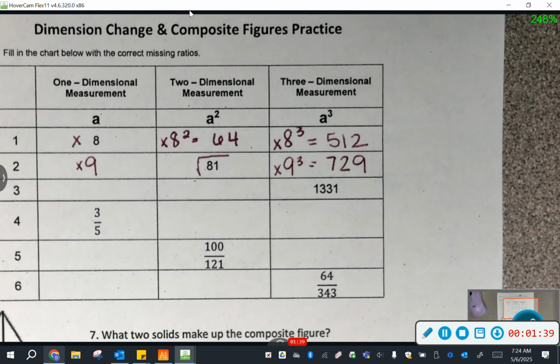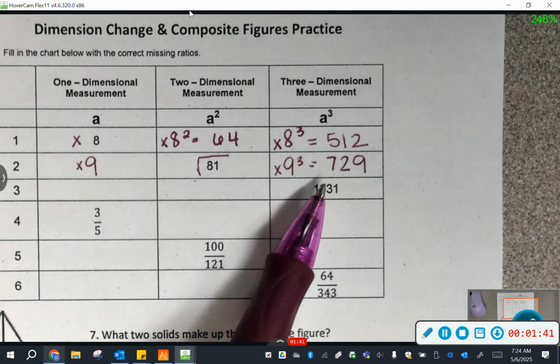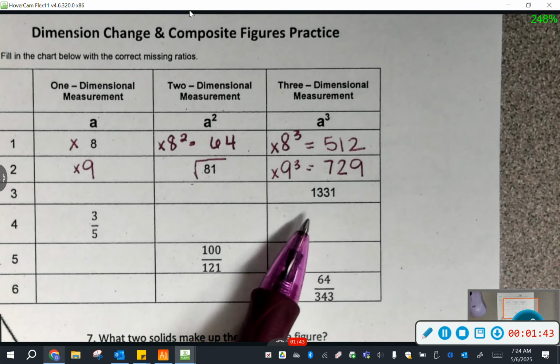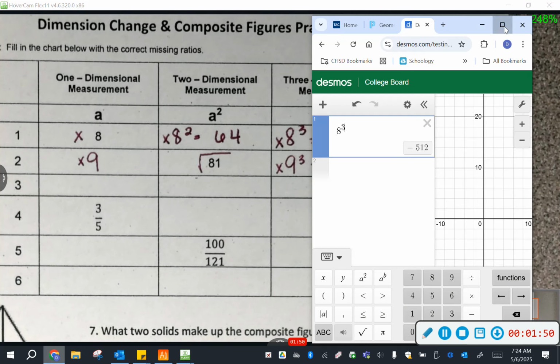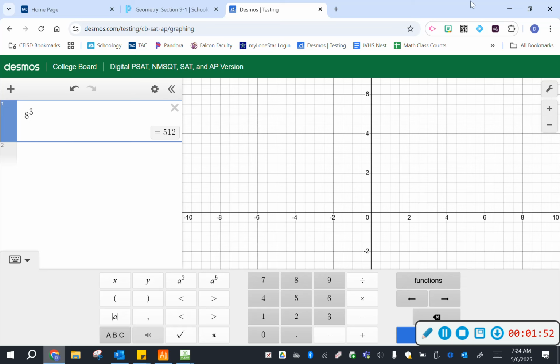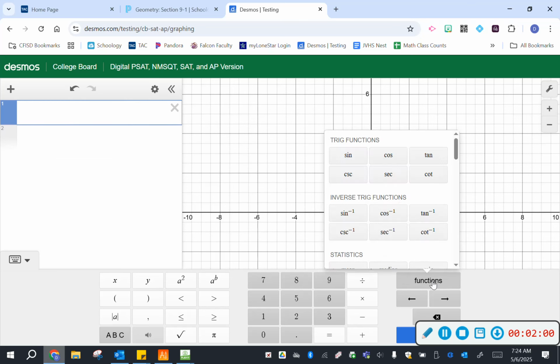Last but not least, if I am in the third column, and if you were out yesterday, this is what you missed. If I'm in the third column, how do we handle that? So we don't call it square root. What do we call it? Cube rooting. And how do we cube root in this calculator and Desmos? Hit functions.